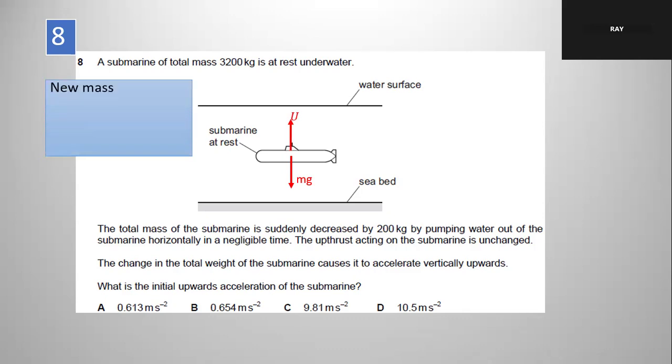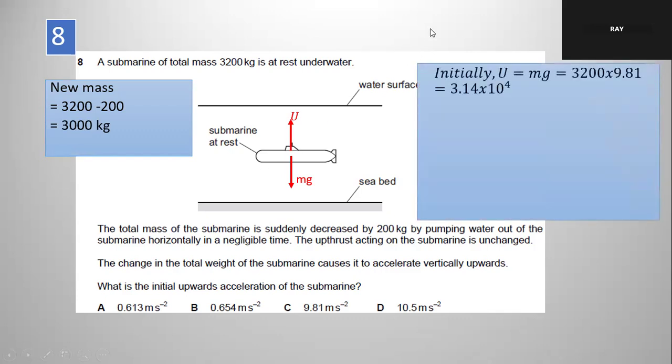So the first stage is new mass, right? You pump 200 kilograms out. So the new mass is 3,000. Initial equilibrium, upthrust equals mg. So mg, with m initial 3,200 times 9.81, is your upthrust. Now the acceleration is F equals ma. This is after you have lost the water, so this is the new mass.